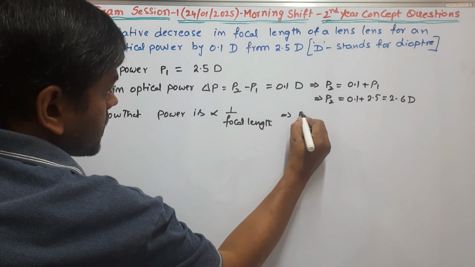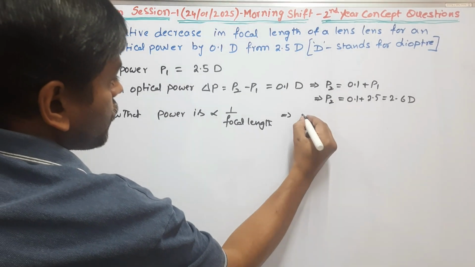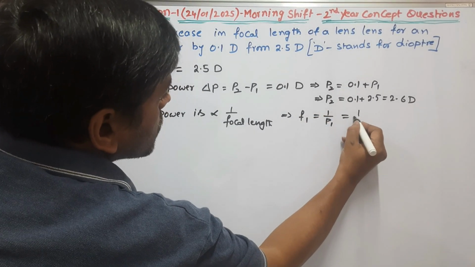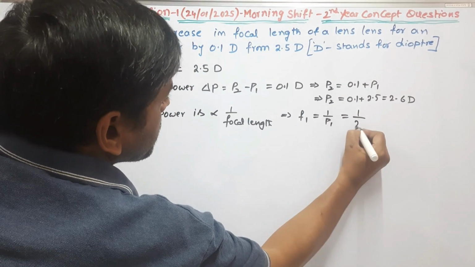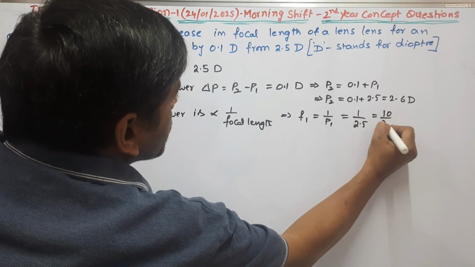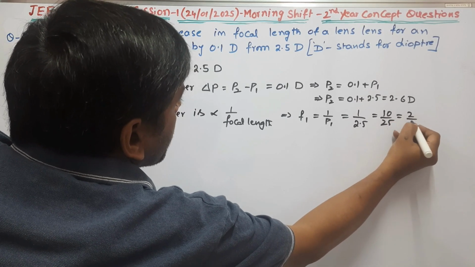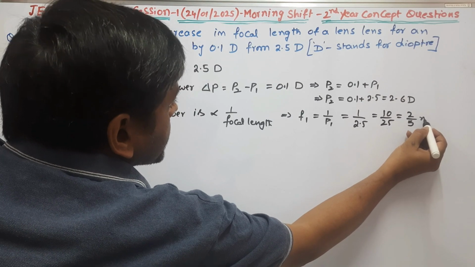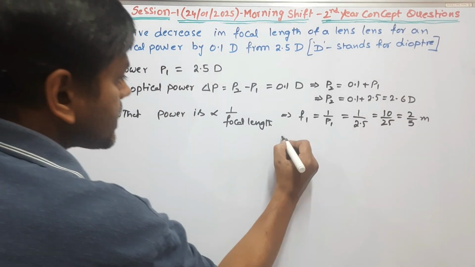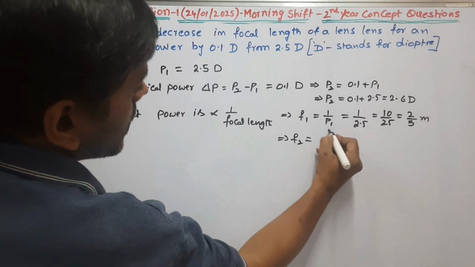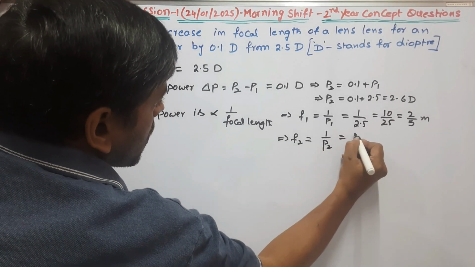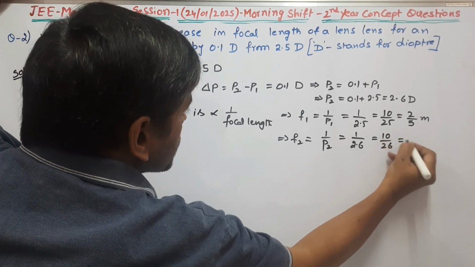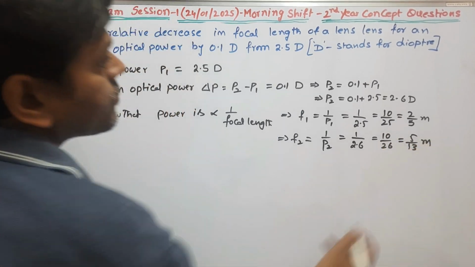That implies focal length f1 is 1 by P1, with P1 equal to 2.5, which is 10 by 25, that is 2 by 5 meter. Similarly, the final focal length f2 is 1 by P2, 1 by 2.6, that means 10 by 26, which is 5 by 13.